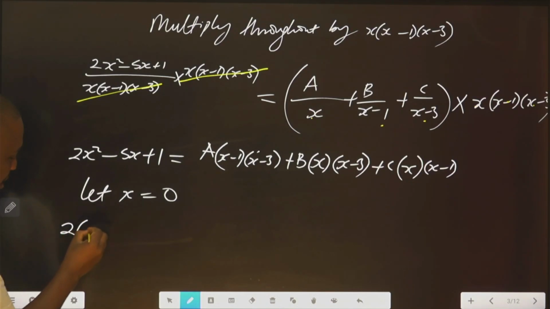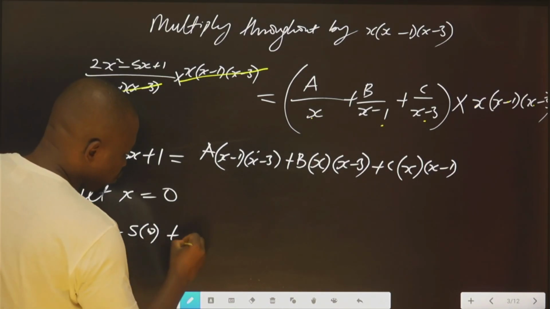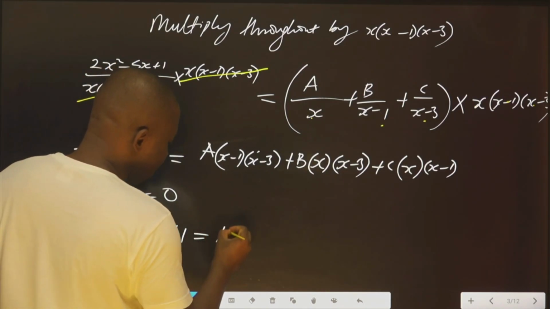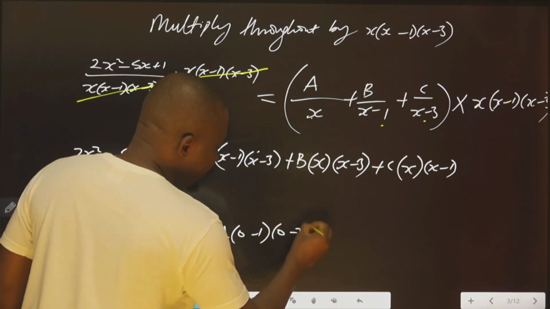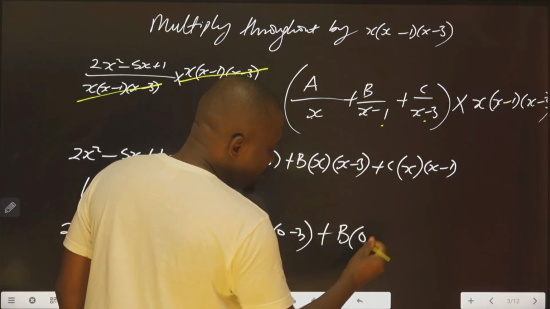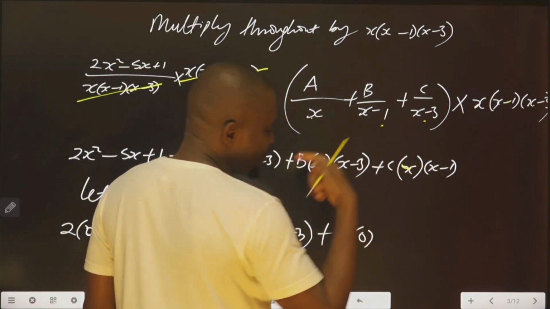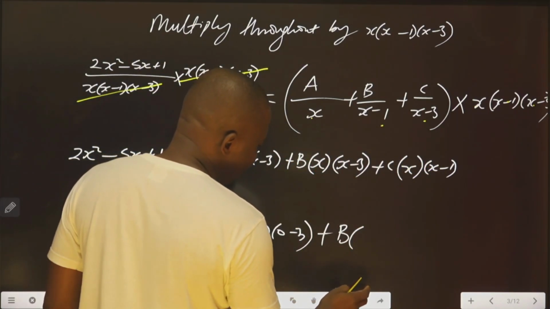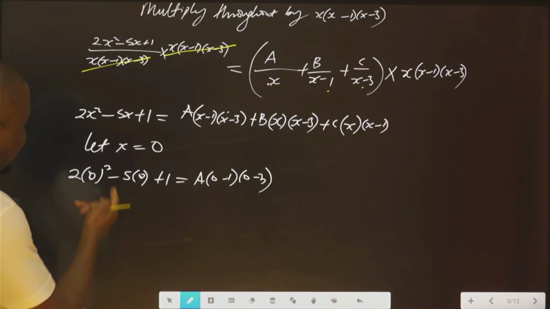So 2 times 0 raised to the power 2, minus 5 times 0, plus 1 equals a times (0 minus 1)(0 minus 3), plus b times 0. By putting 0 here now, this automatically is gone. If I put 0 here, it's gone. So no need to waste our time. So we agree that this will all go, okay? Therefore, this will also be 0.